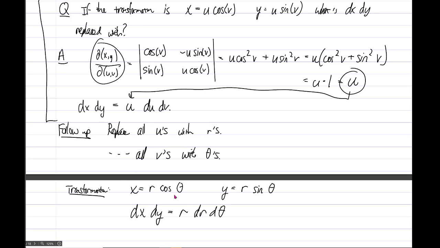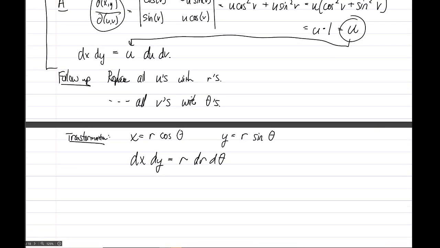So what happened here is this gives us a separate proof of the fact that dx dy, when you're converting an integral into polar coordinates, ought to be changed into r times dr d theta.